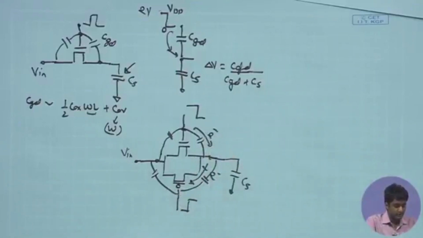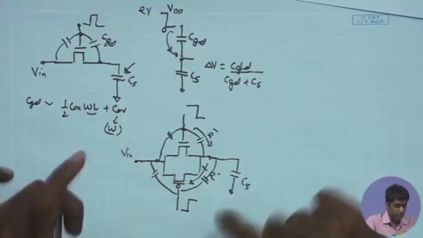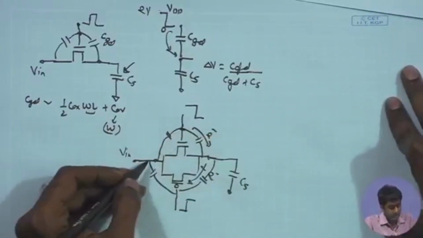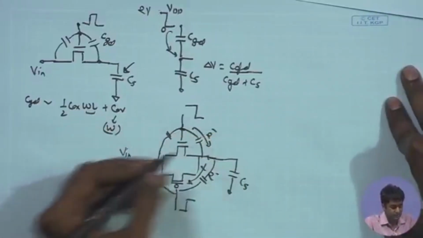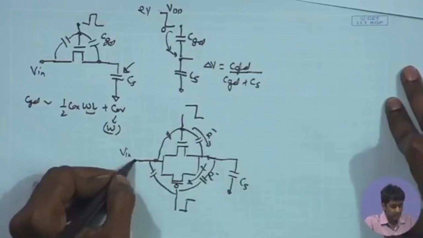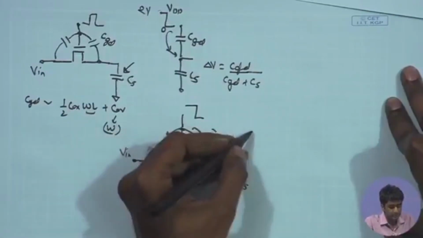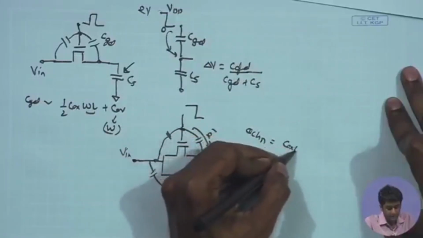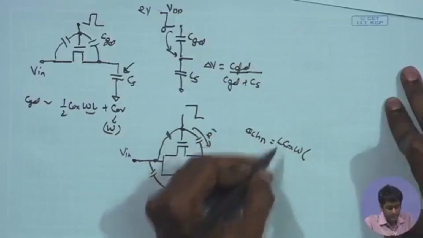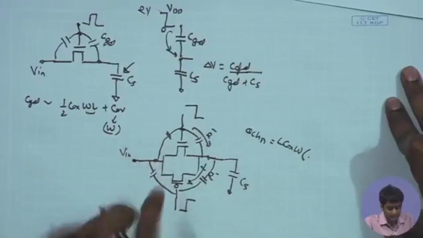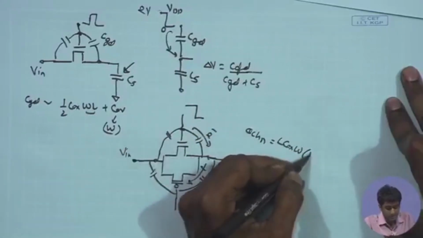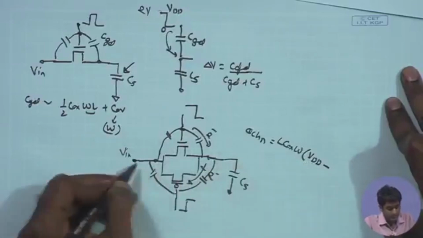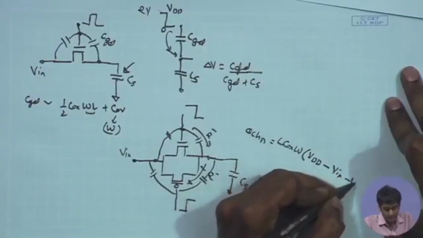Of course, if you look at the equation of the charge stored, for the NMOS it is going to be VGS. So, if I assume that this particular potential is Vin, for the NMOS we have seen the Q channel of the NMOS is going to be COX times W times L times (VGS minus VT). So, VG is VDD, minus Vs is Vin, minus Vtn.